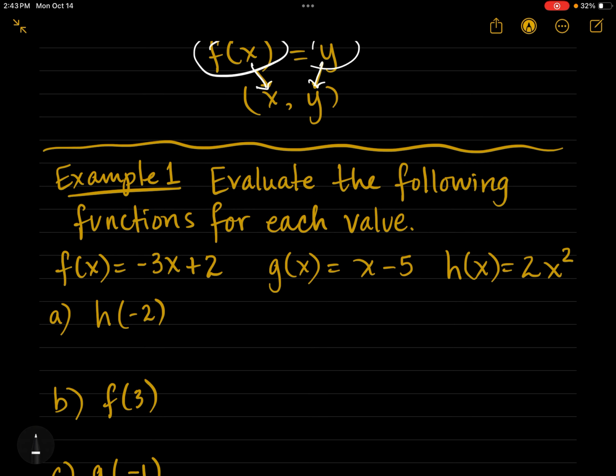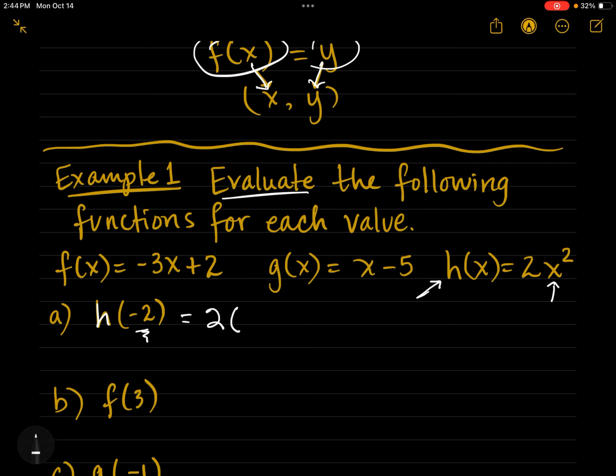Let's jump right into an example and make sure you understand how to evaluate for a given number. If I ask you to evaluate h of -2, then you find the function with the h, and you're going to plug in -2 for every x.